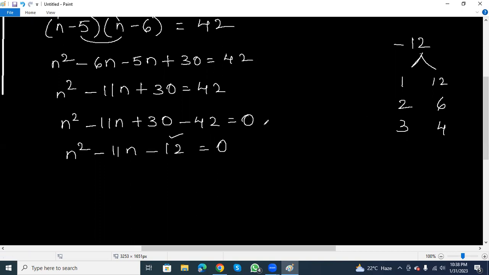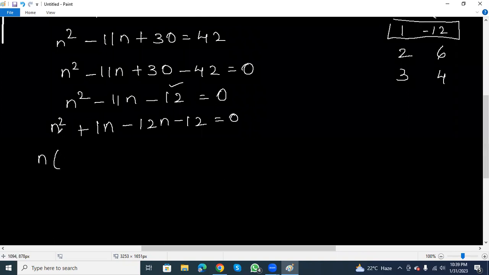Now check which gives negative 11 while adding. Here, if I put a minus here, 1 into minus 12 is minus 12, right? Yes. Minus 12 plus 1 is minus 11. So if we add these two, we get minus 11, the middle term. If we multiply these two, we get this product. So let's take these as factors, 1 and minus 12. n square minus 12n plus 1n minus 12 equal to 0.